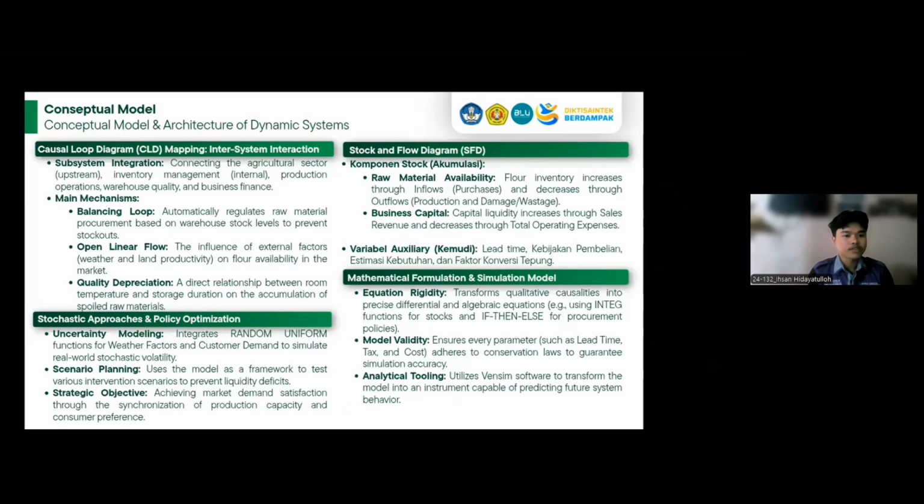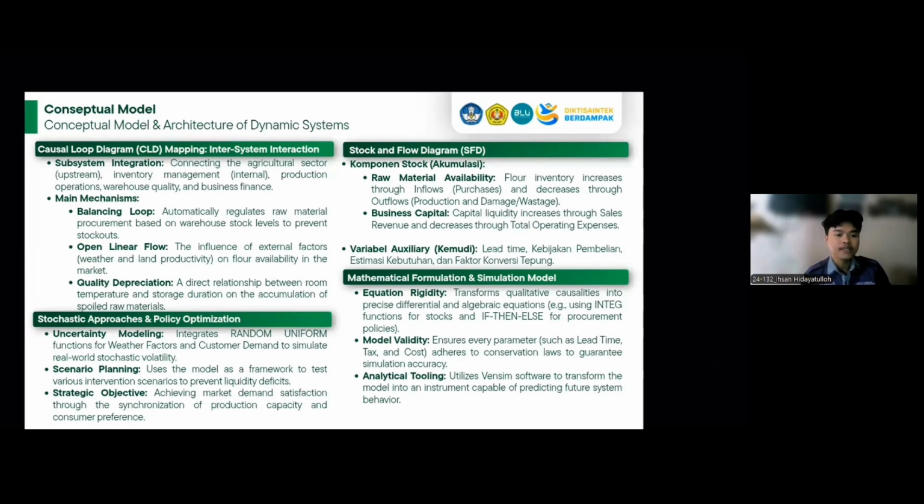So the first is the causal loop diagram for mapping intersystem interaction. The causal diagram connects the agricultural sector or upstream, inventory management, internal and production operation, warehouse quality, and business finance. The main mechanisms are three types. The first is a balancing loop, which automatically regulates raw material procurement based on warehouse stock level to prevent stockouts.